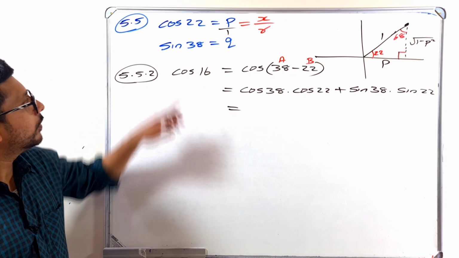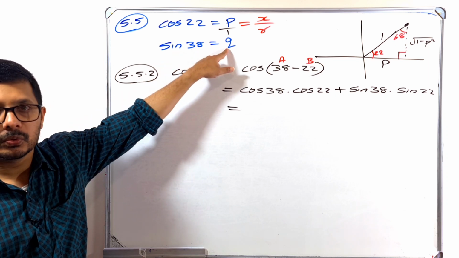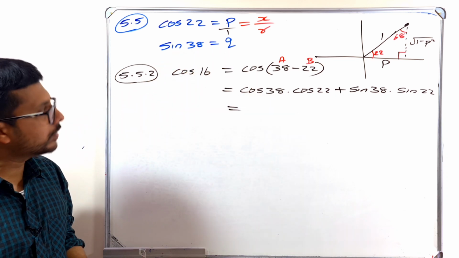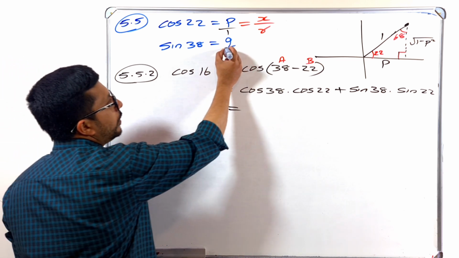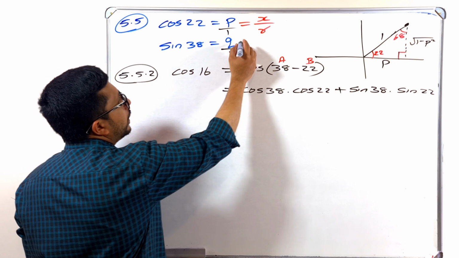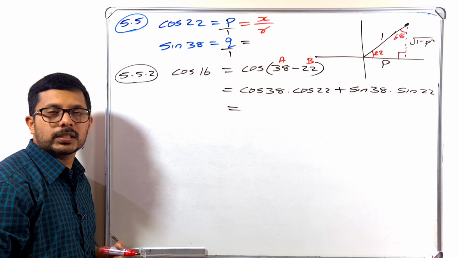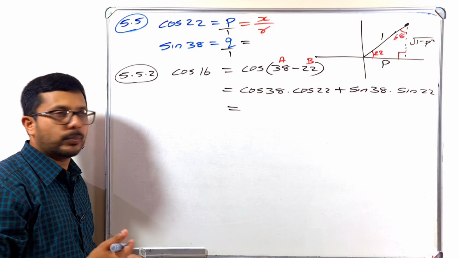Okay, so look at this one. Sin 38 is given as q. Sin 38 is equal to q, which means q divided by 1. And what is the definition of sine? Opposite side by hypotenuse.